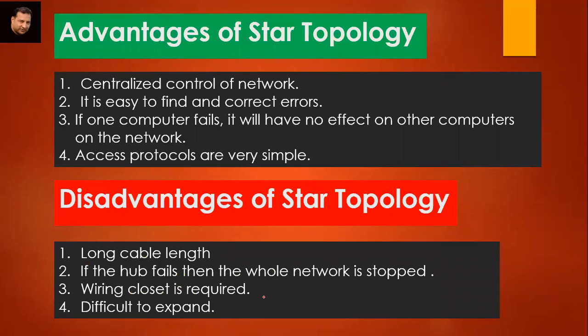You saw there are so many wires. For that, a wiring closet is required to keep it neat and clean. So this can be another expense. And the fourth is that it is difficult to expand. If you want to add some more computers, it becomes difficult in a startup project.